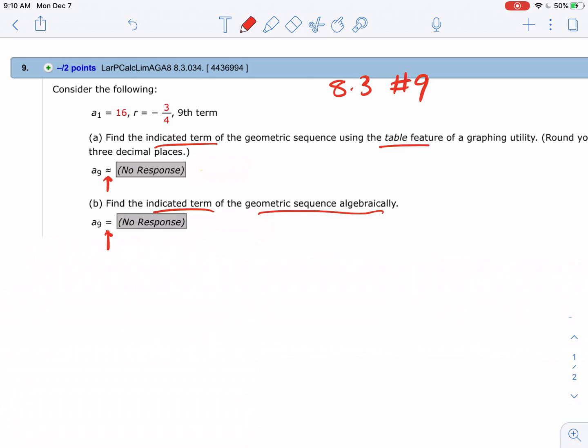You can go to the table feature and estimate it, but what I'm going to do is just use my formula to see what happens. A sub n is 16, negative 3 over 4 is the r value, and then I do n minus 1, or 9 minus 1, on top.